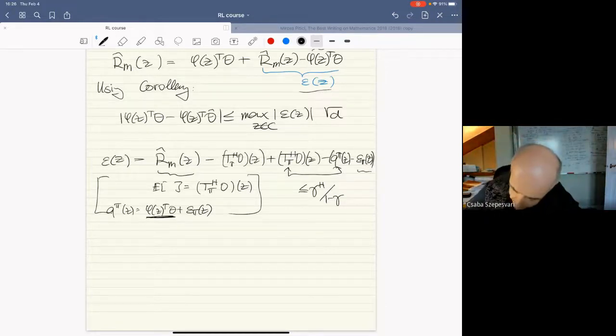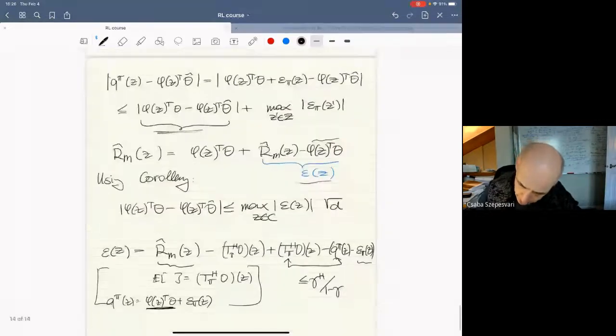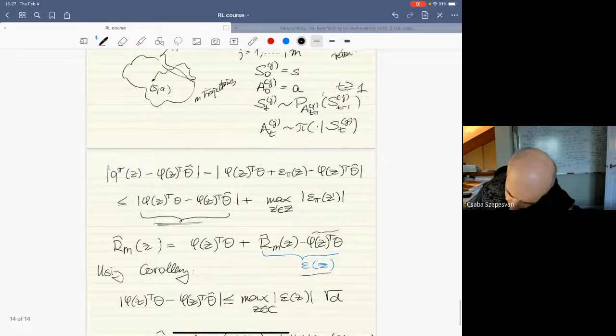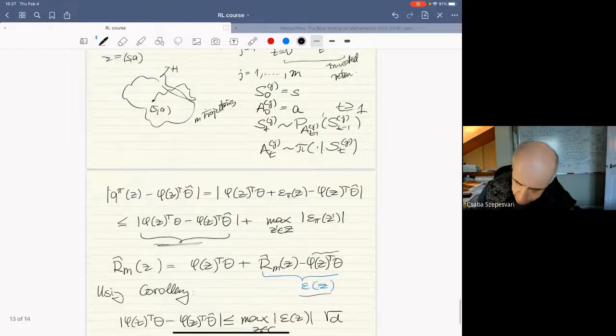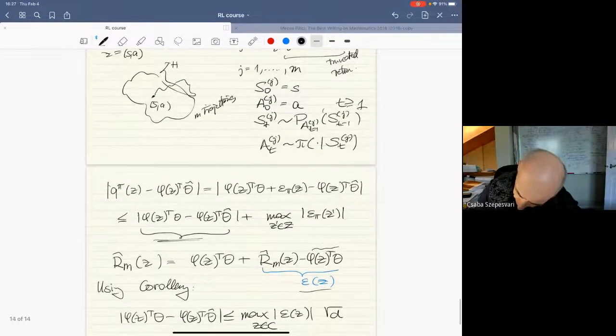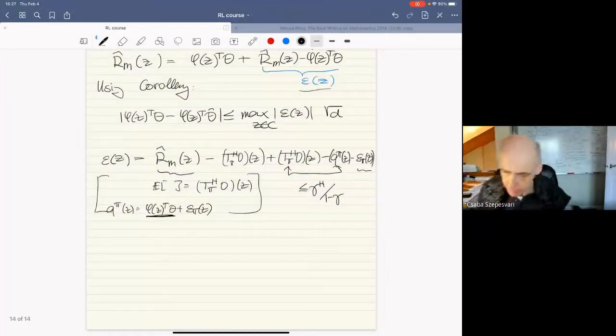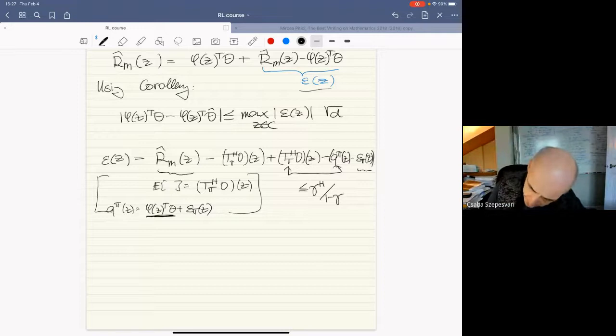From here, we're going to get an error which already appeared here. Let's call it epsilon pi star, so that's just a number. So that's the approximation error of the action value function of the policy. And from here, we get the sampling error.